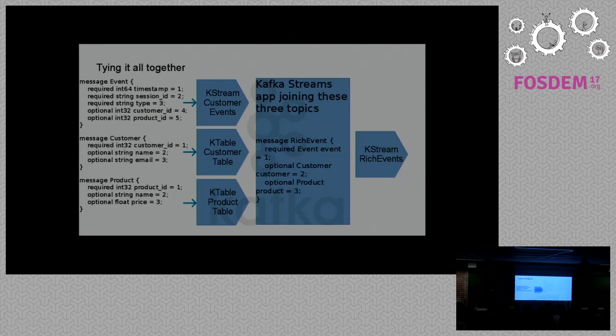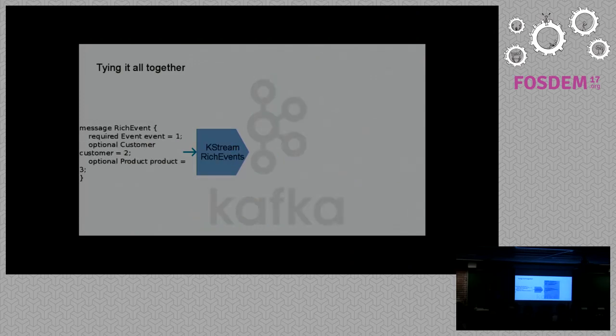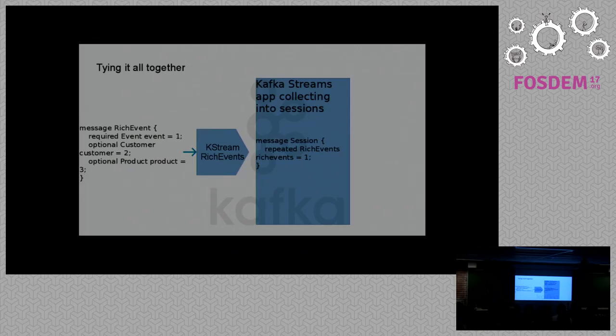And then in that I can, for example, plug in another application that does something like sessionization. So it takes the session ID out of there and groups by them. And my session message is also again very simple. A session message just consists of repeated rich event messages. So it makes it very easy to define these things.